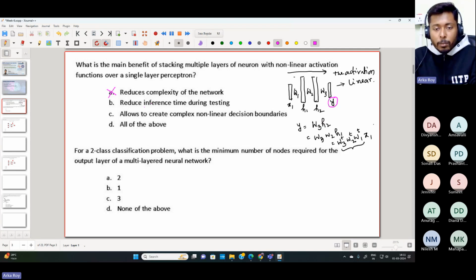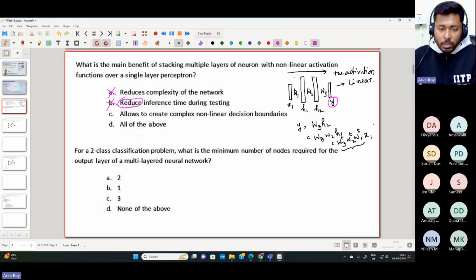At the same time, if you have a very big problem requiring lots of calculations, it takes time to get to the answer. That is the analogy for this option. If the number of hidden layers increases, the mathematical operations increase, and so does the inference time. Therefore, it does not reduce the inference time, rather it increases it. So option B is also incorrect.